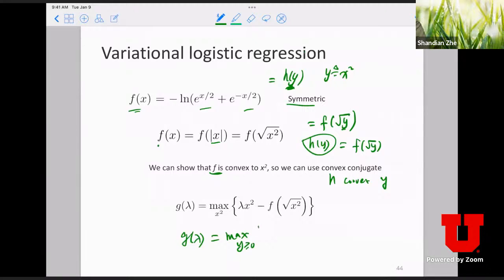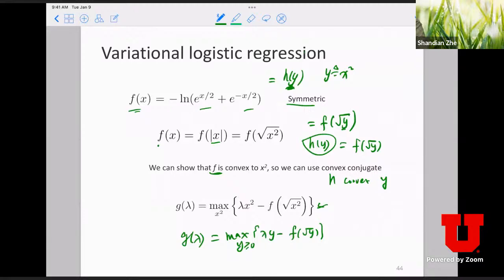So this is lambda y subtracted by f. Now you just replace y by x squared. You get this form. So don't feel uncomfortable about that. Any questions so far? Okay.